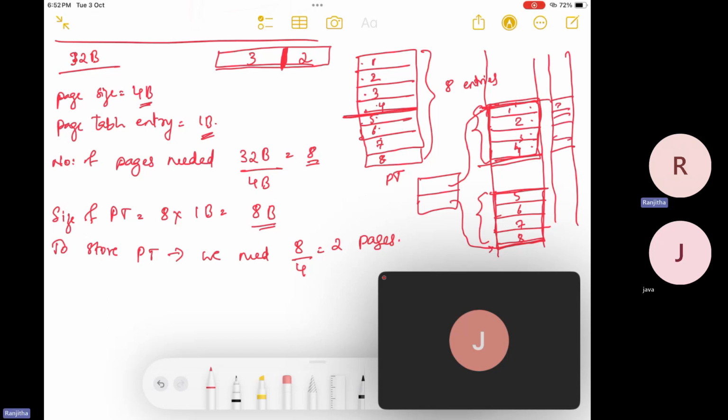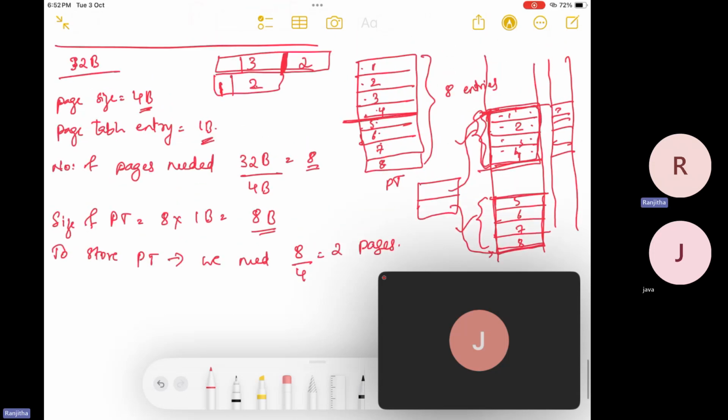And this 3 is further divided into 1 and 2. This 2 will help us identify these locations, and this 1 bit helps us identify whether it is this one or this one.